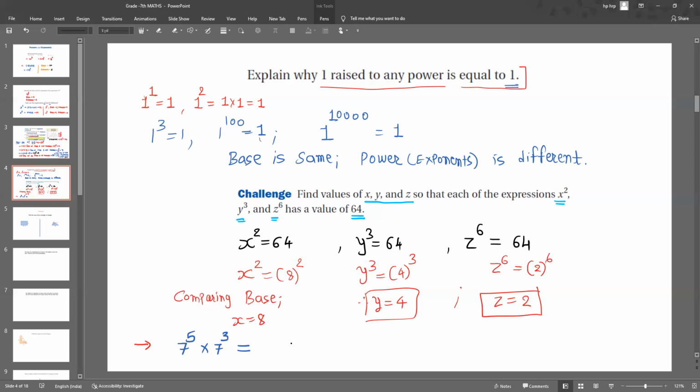Here we cannot find the value of 7 raised to 5 and 7 raised to 3 by multiplication. Without finding that, we can directly write this in the form of power and exponent.